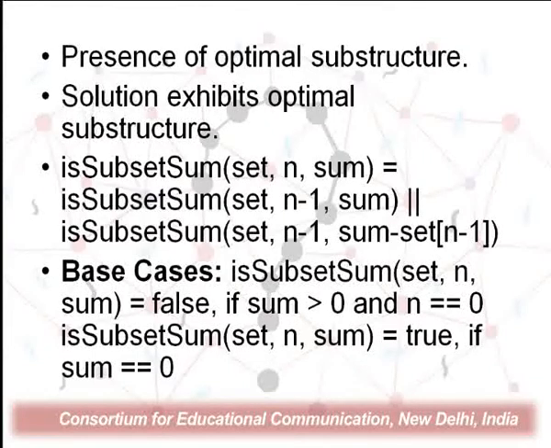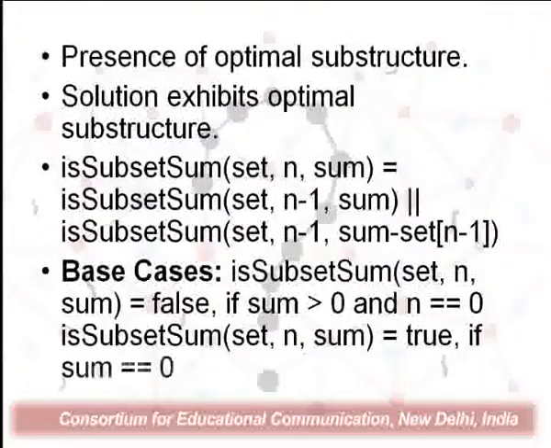So within this we have incorporated those two situations, whether we are taking the item or not taking the item. Considering the base cases: if sum is greater than 0 and n is equal to 0, isSubsetSum is false, and isSubsetSum is true if sum is equal to 0.